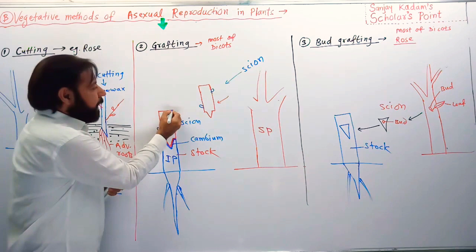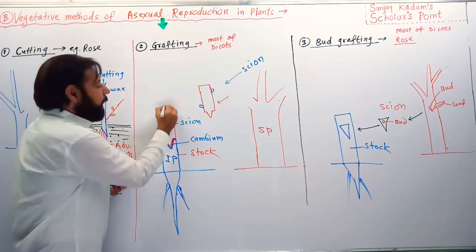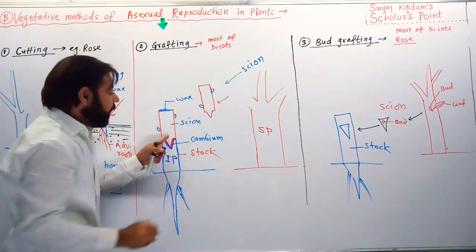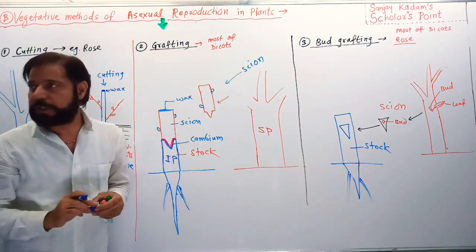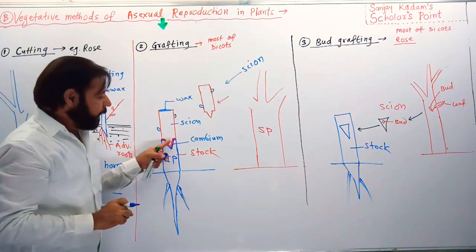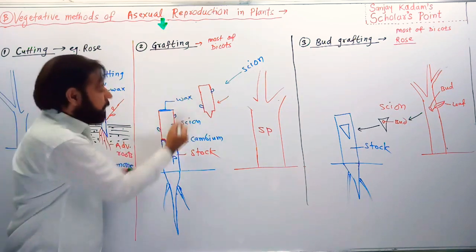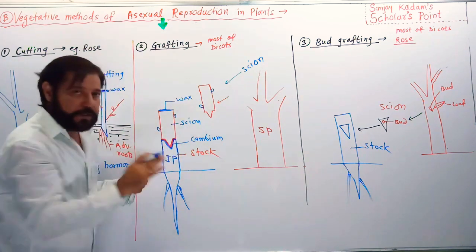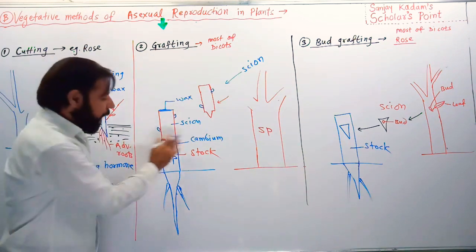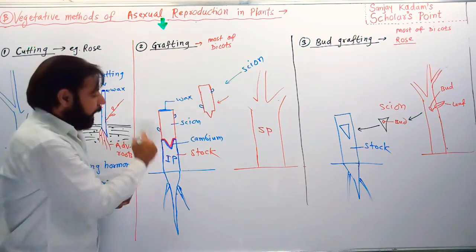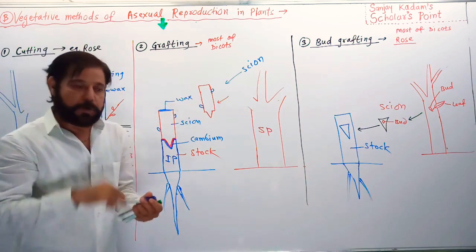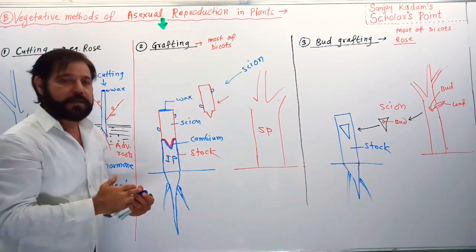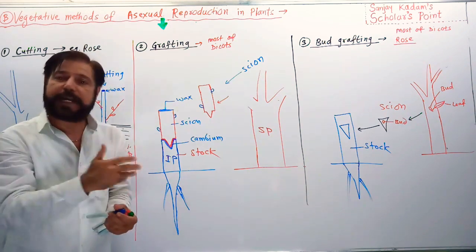In this way the upper end is covered by wax so as to avoid water loss from the upper free portion, and then the grafting portion is covered by wax again and wrapped with cellophane tape or plastic tape so as to get an airtight, watertight condition.